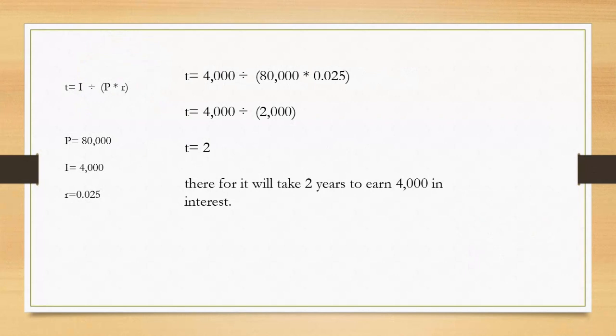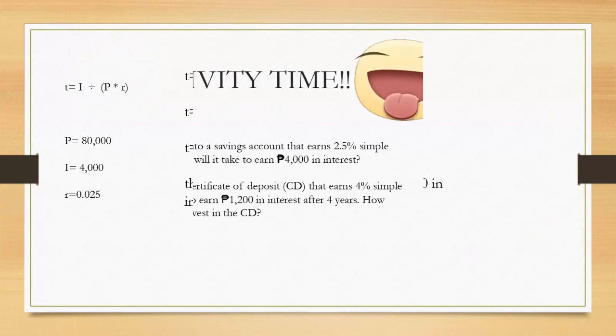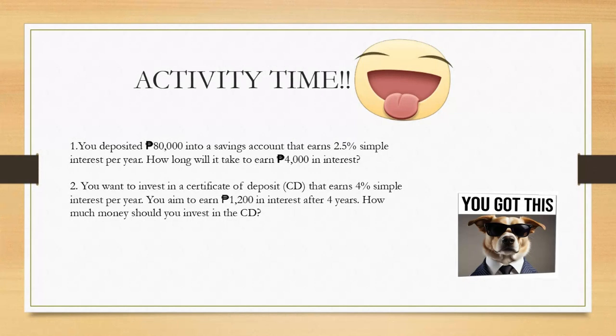So 4,000 divided by 2,000 is 2. Therefore, it'll take 2 years to earn 4,000 in interest. For number 2, we have the same kind of problem. I'll give you 5 seconds again to answer it.